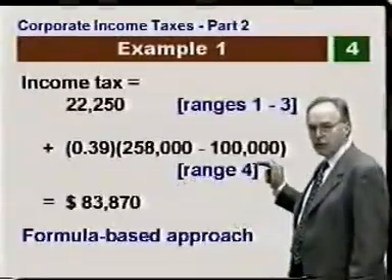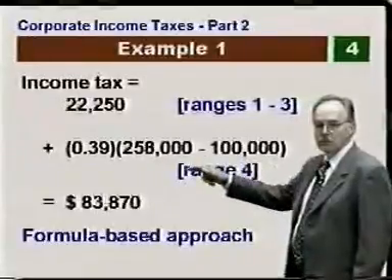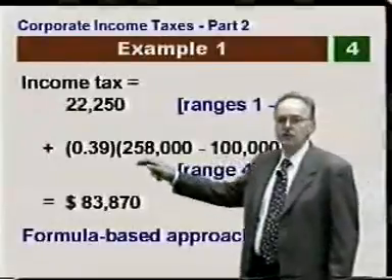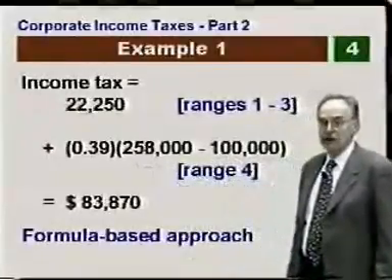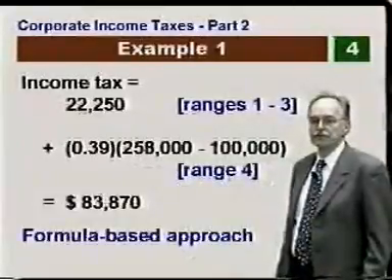The amount in range 4, above the cutoff of 100,000, that's the difference between 258 and 100,000, is taxed at 39%. And that gives us a total tax of $83,870 using our formula-based approach.